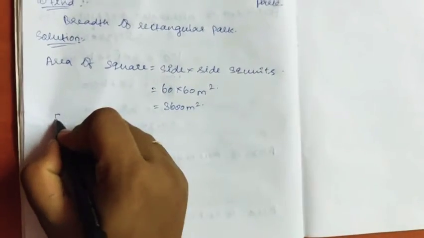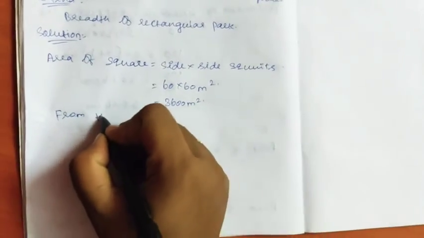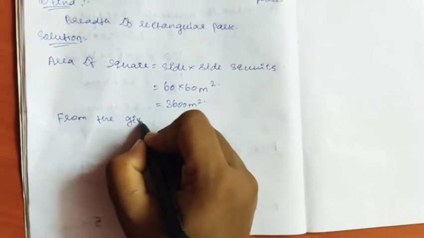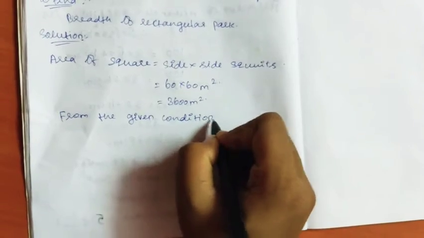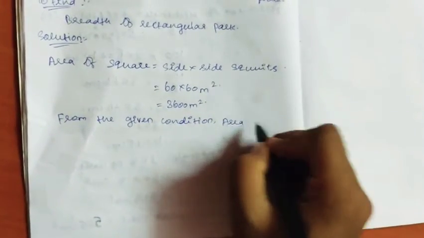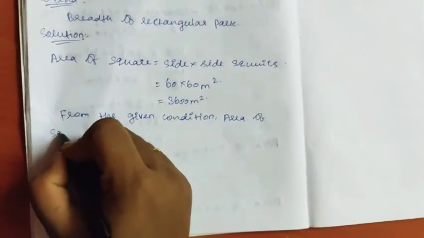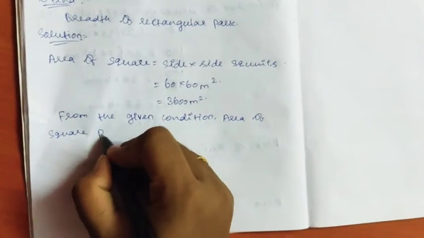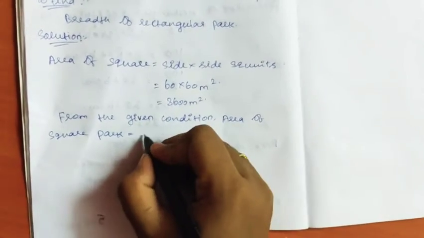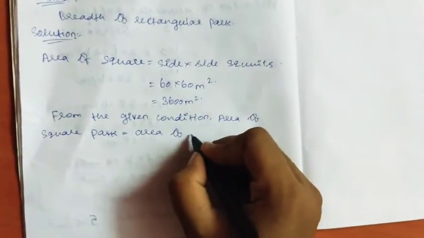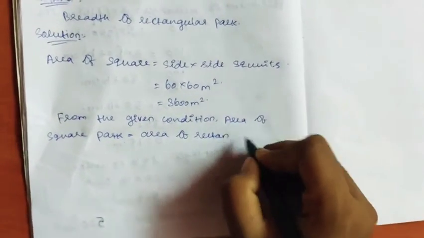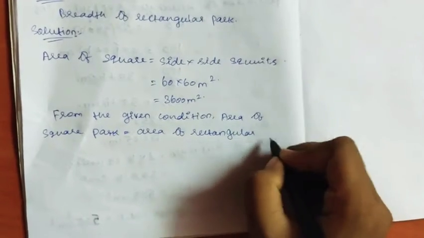From the given condition, area of square park equal to area of rectangular park.